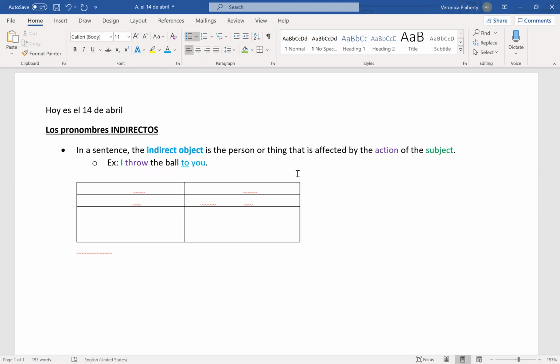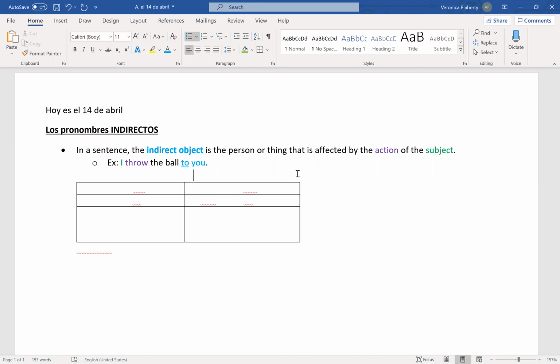What if I rephrased it as I throw it to you? The ball is replaced with the word it. So what's the ball in that sentence? Okay, it's the direct object. Don't worry about it. It's the direct object.